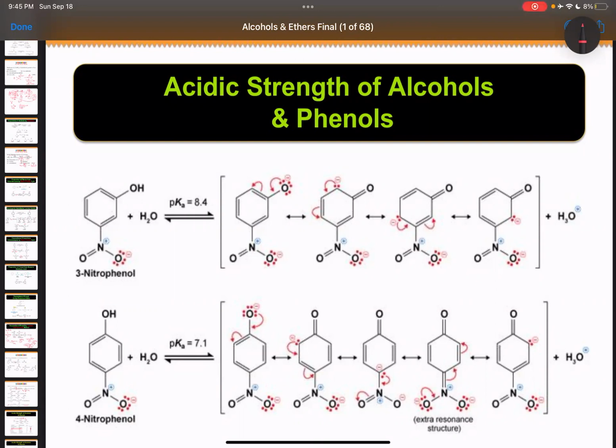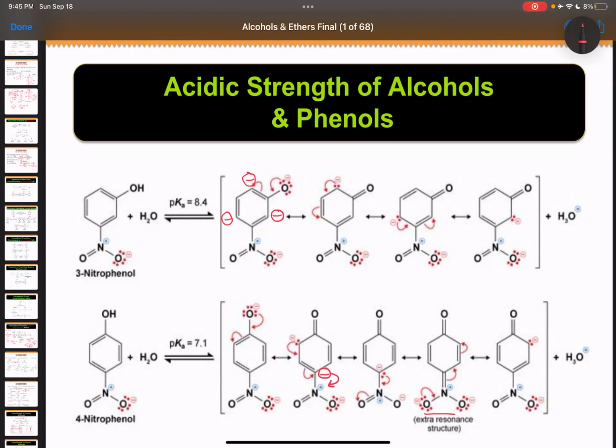Para position, the para and ortho position, okay. Because the phenoxide ion's negative charge, when it gets into the ring, passes from the ortho and para positions. And if the NO2 is there, look here, this minus charge can get onto the NO2 also, so it will get more places to get delocalized and spread, and it will become more stable.